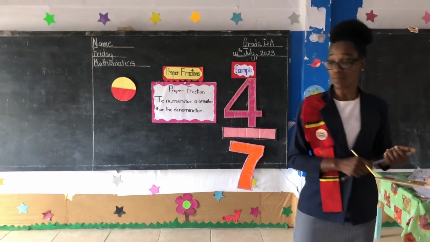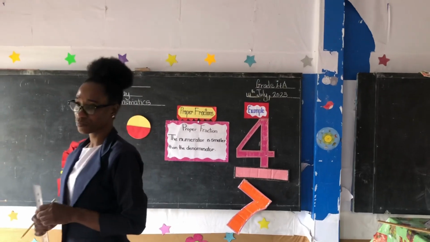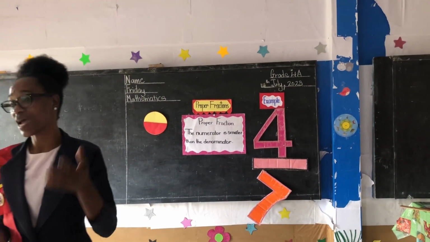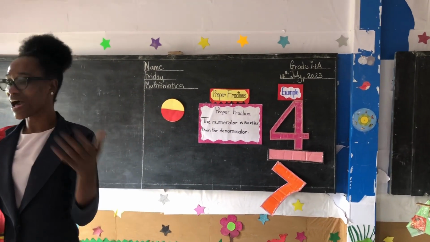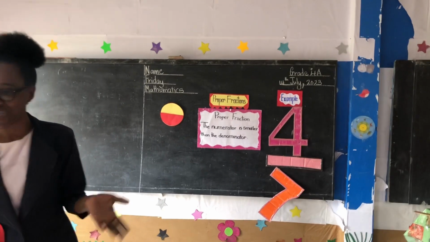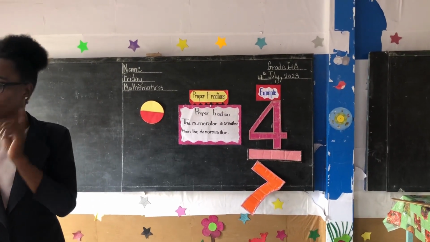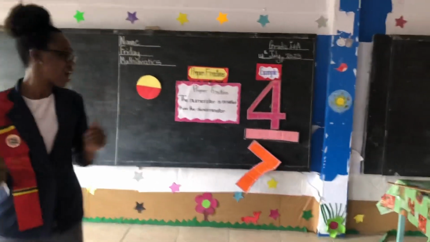Correct. Anybody else? Share with the class what you would have learned. Okay, you would have learned that there are 2 parts in the fraction. Yes. The numerator and the denominator, that's correct. And remember that the numerator is always smaller than the denominator in the proper fraction.